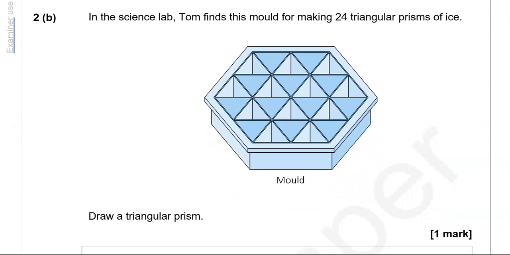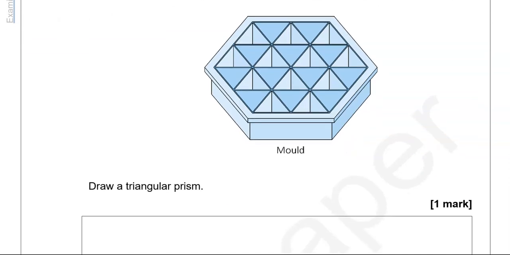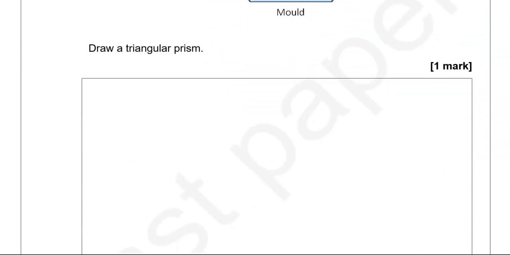In the science lab, Tom finds this mold for making 24 triangular prisms of ice. Draw a triangular prism. Let's start drawing.